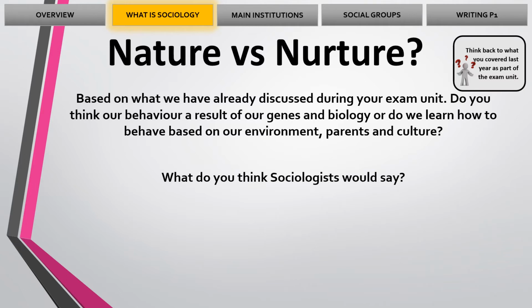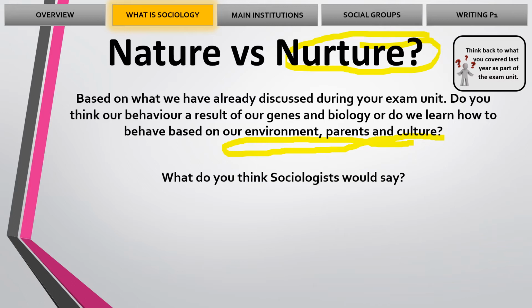Now, you can take a guess. What do you think sociologists would say? Sociology is very much all about nurture. We are a product of the way we were raised, the environment we live in, our parents, our culture. So this is what shapes us. This is what makes us who we are.